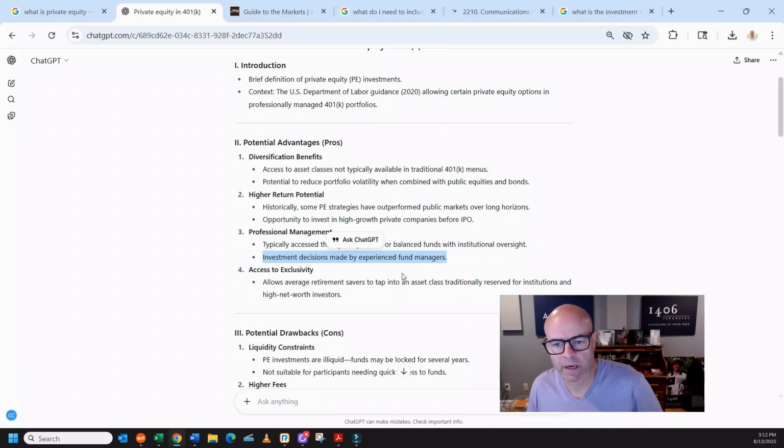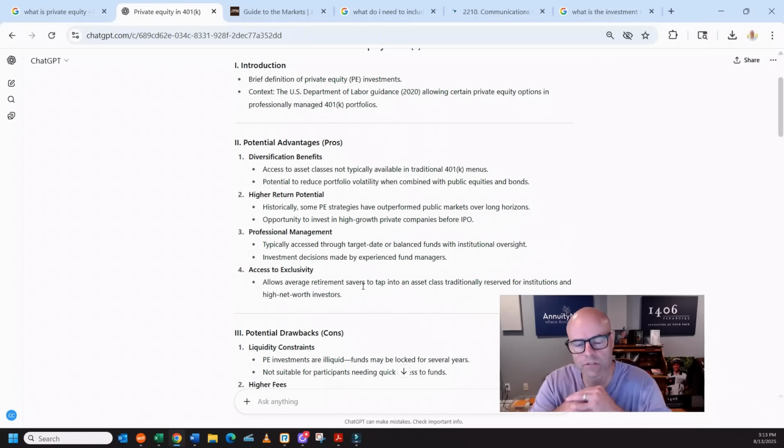Investment decisions made by experienced fund managers, and access to exclusivity allows average retirement savers to tap into an asset class traditionally reserved for institutions and high net worth investors. So this is generally true, right? Higher return potential, right? Potential, but let me just table that one again for another moment.